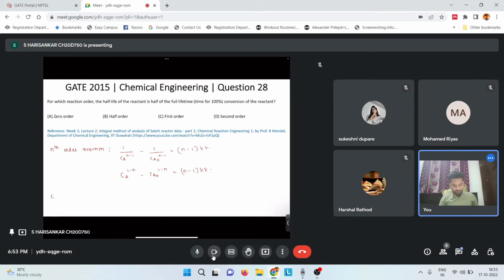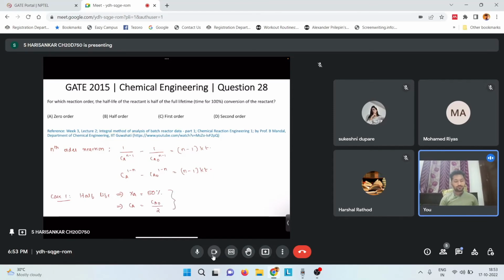Case 1 is the half-life case where the reaction proceeds to 50% conversion. That means conversion is 50%, or this also implies the final concentration Ca is basically Ca0 by 2.